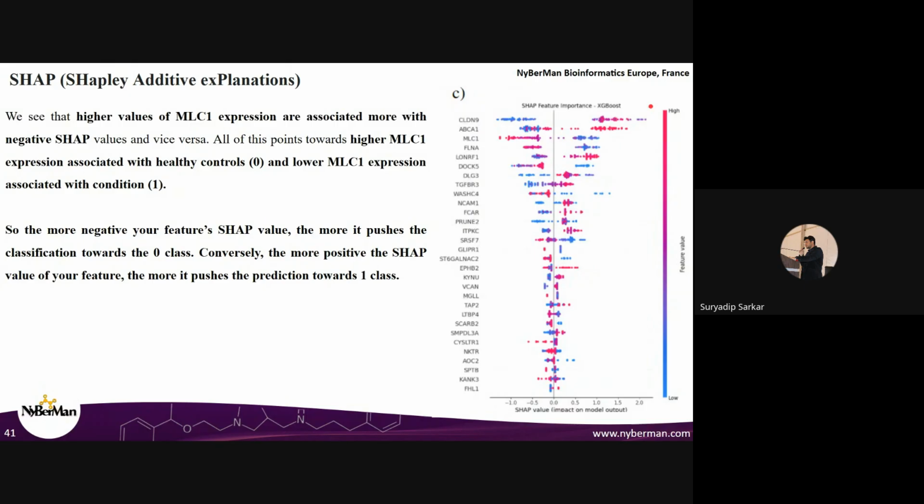This basically means the value of the feature in your data table. So in that data frame that you had loaded, what is the value of that feature? Is it a very high value or a very low value? In terms of gene expression, a high feature value or a high count value would mean high expression, and a low feature value or a low count value would mean low expression.